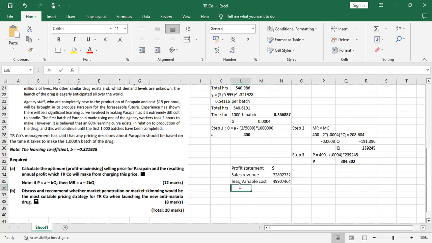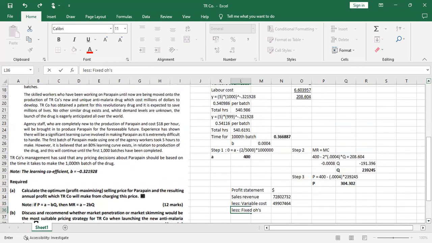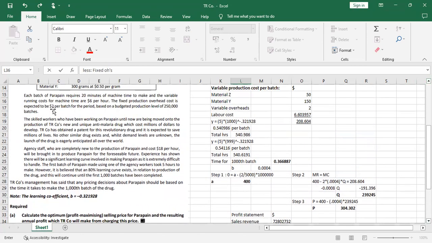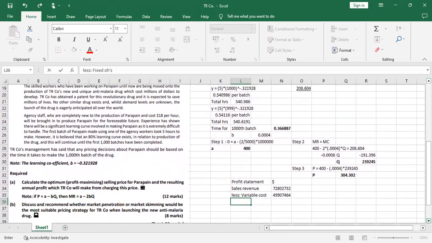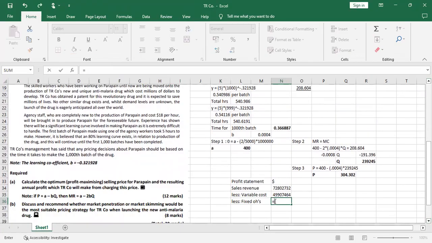Then we have fixed overheads. For fixed overheads, he says that your overhead absorption rate per batch is 2. This is provided here. And your maximum production level is 250,000 batches. So 2 multiplied with 250,000.